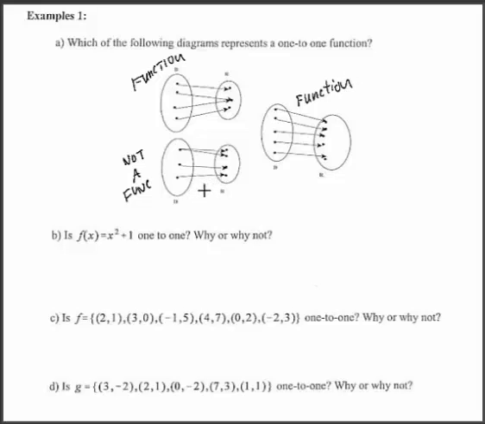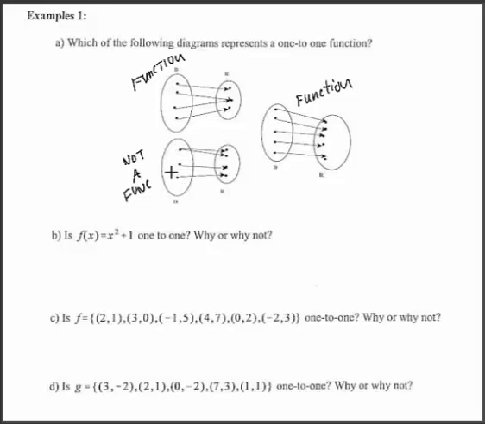Okay, so let's just point out why these two are functions and this one's not. Notice that all of the inputs in our domain map to only one output. This dot, one arrow, this dot, one arrow, and the last one, one. And the same applies to this particular function on the right.